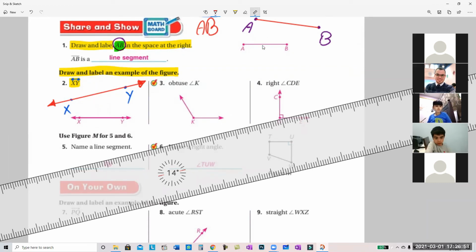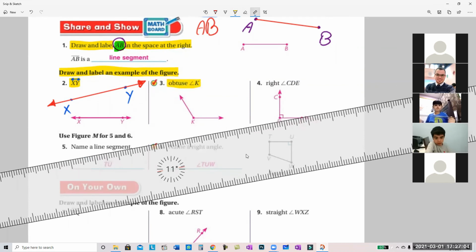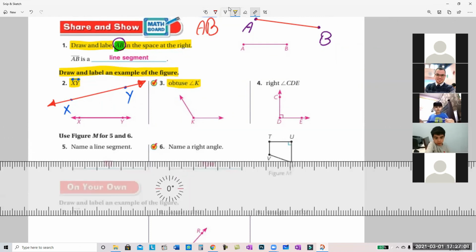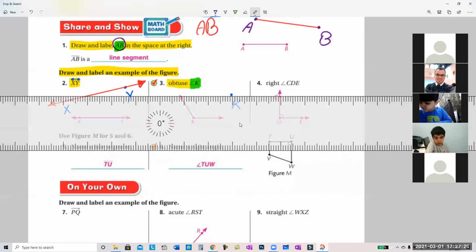Okay, the next one. Let's draw obtuse angle K. How can we draw it? First of all, K here is the vertex. So we're gonna label the K here and then use your ruler to draw the 2 rays of the angle.